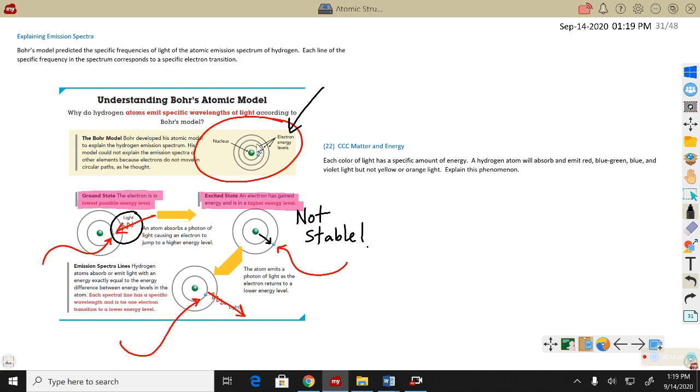It's just that in our particular situation, it'll be hard to study. We're not going to be able to study ultraviolet light with the spectrum tubes and the prisms that we have available. A hydrogen atom will absorb and emit kind of a red light. There's kind of that bluish, green, teal color. There's a blue and a violet. But there's no yellow or orange.